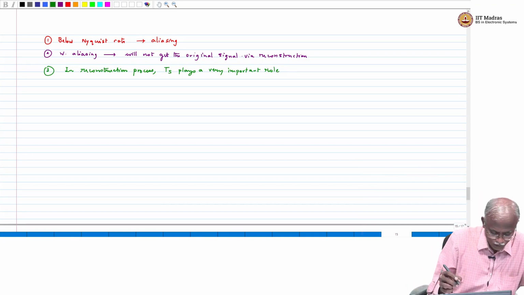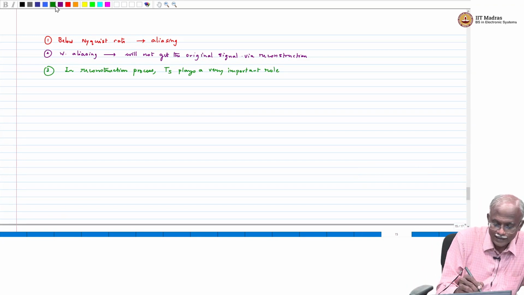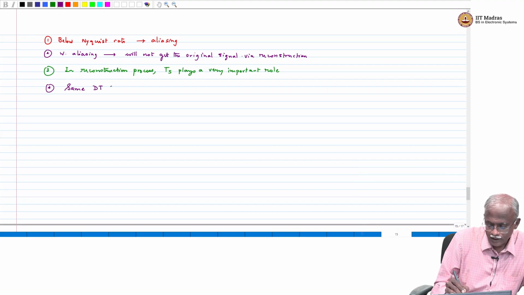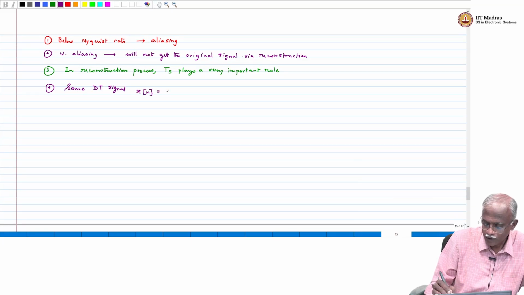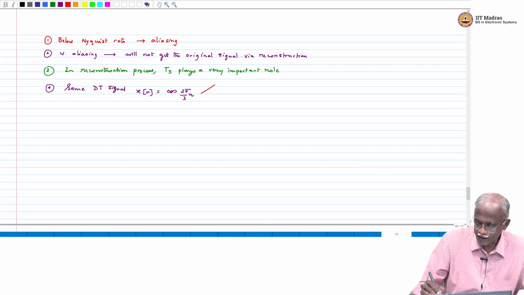We also saw that the same discrete time signal, x of n equal to cosine 2 pi by 3 n, gave us two reconstructed signals.